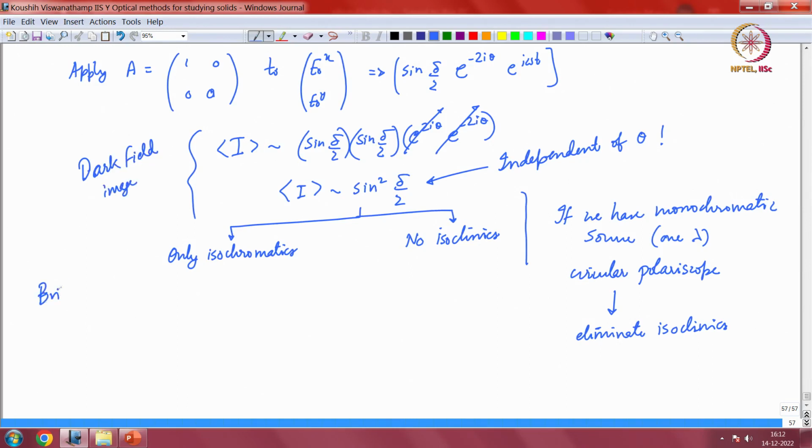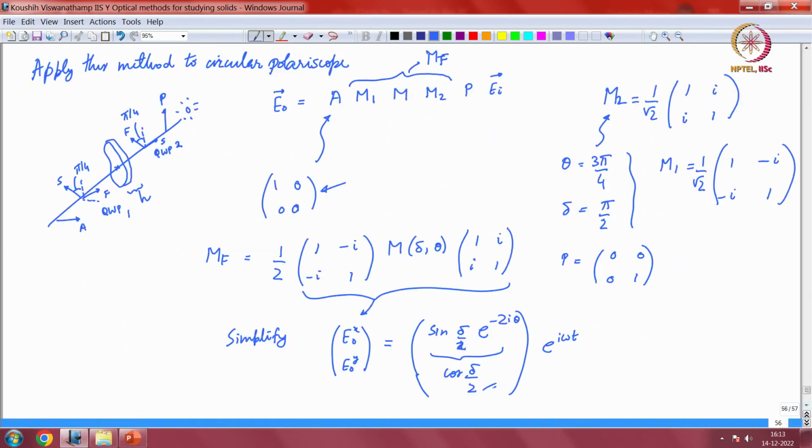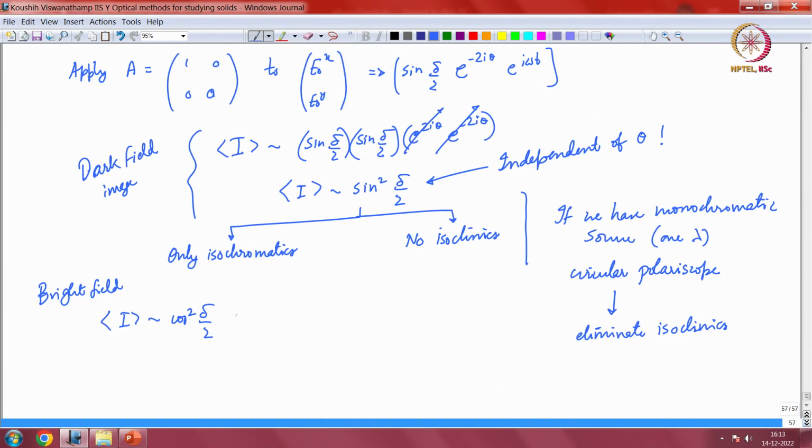For the bright field, you have the intensity going as cos square delta by 2 by the same logic, and so this is again independent of theta. So, it does not matter whether you use a bright field image or a dark field image for a circular polariscope, you will never get isoclinics.